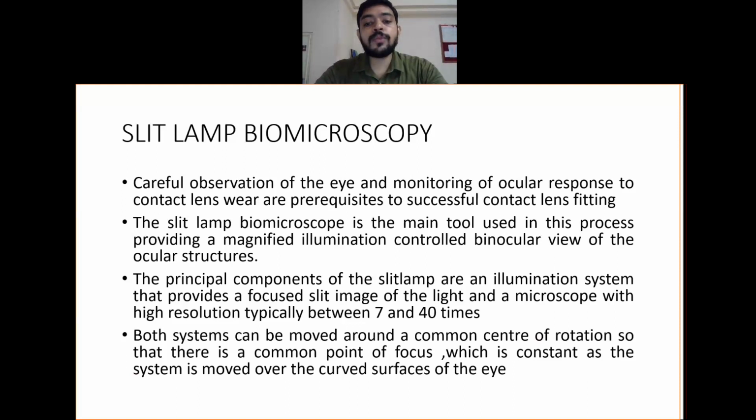Both systems can be moved around a common center of rotation so that there is a common point of focus which is constant as the system is moved over the curved surface of the eye.